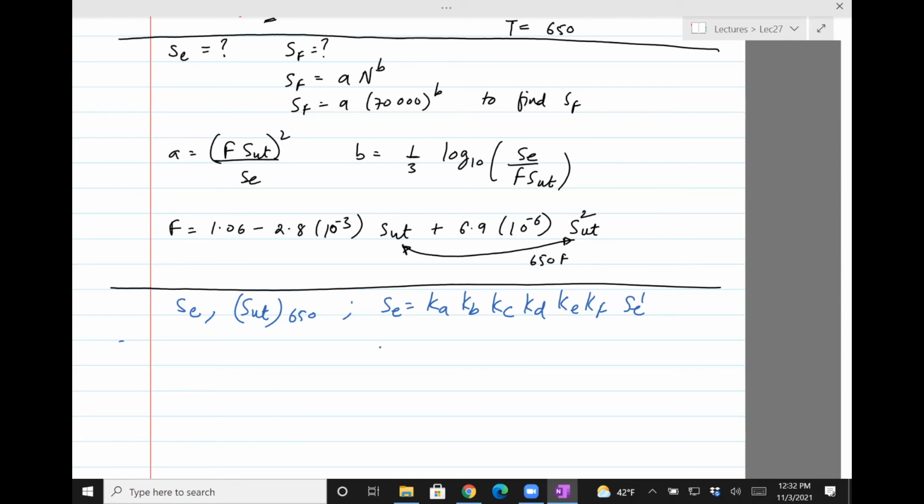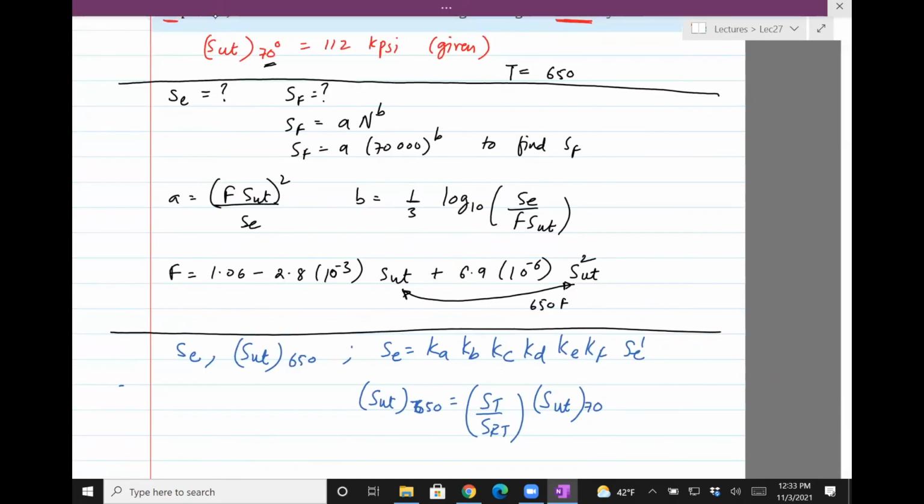And then if you want to find SUT at an elevated temperature, let's say 650, then we need to use this formula, ST divided by SRT times SUT at room temperature 70. And I think SUT is given to us. So this is given, this is unknown, and we can find it.